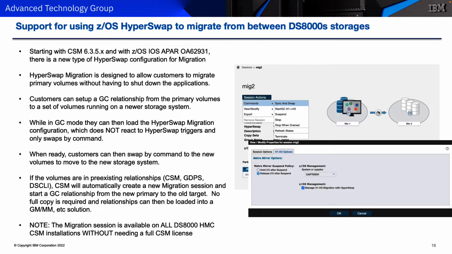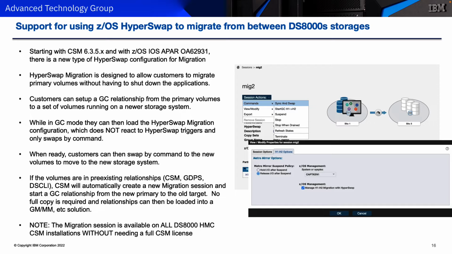A couple of things to note before I go over some of the details on how to use it. This solution will work whether your existing relationships are CSM managed, GDPS managed, DSCLI managed, etc. In addition, it's built into the migration session, which is available on all DS8000 HMCs.